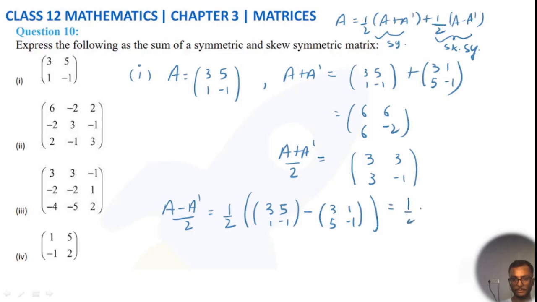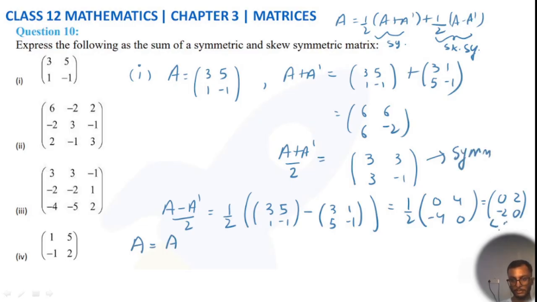So it will be 1 by 2. 3 minus 3 is 0. 5 minus 1 4. 1 minus 5 minus 4. Minus 1 minus minus plus 1 0. You are able to see, right? This is skew symmetric. Now what will be this? 0, 2, minus 2, 0. Now you are able to see that A is equals to, this is symmetric and this is skew symmetric.